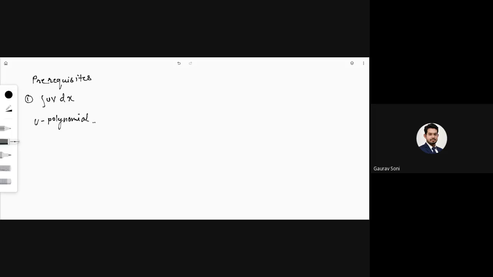Before we go to examples, we will just write down some important formulas. So, prerequisites. First one, integration of uv dx, where u is a polynomial. What is the important thing about polynomials?